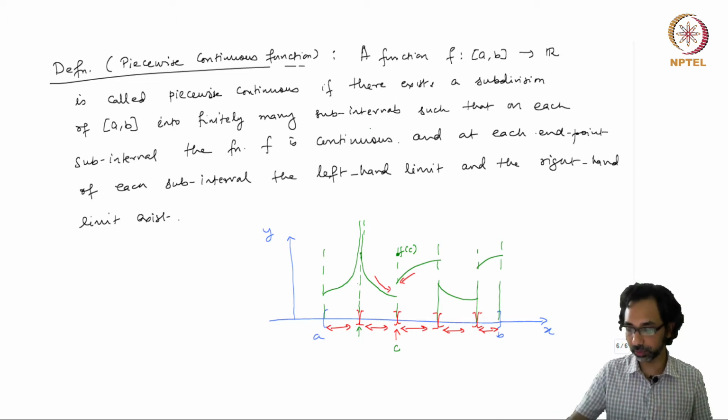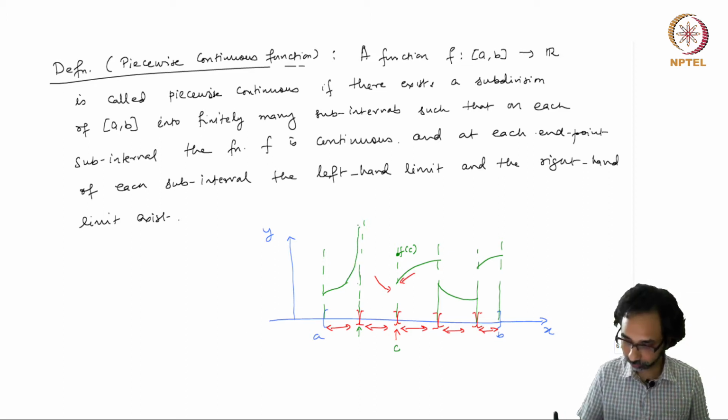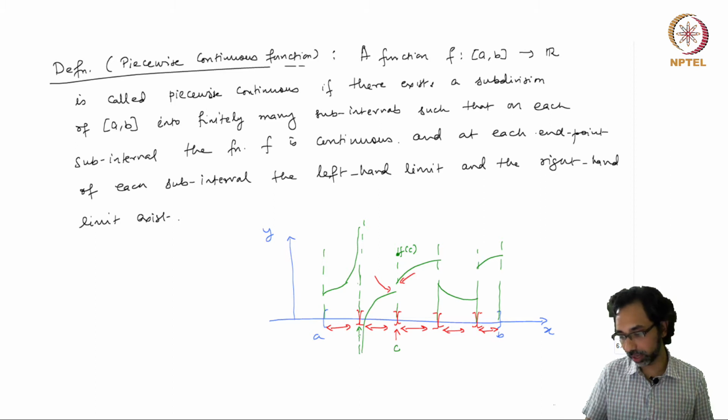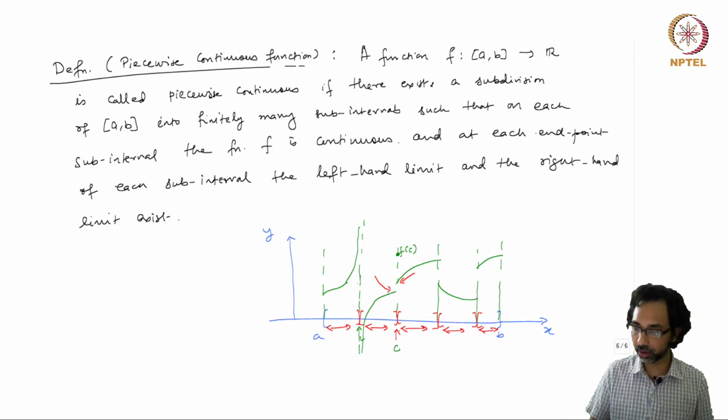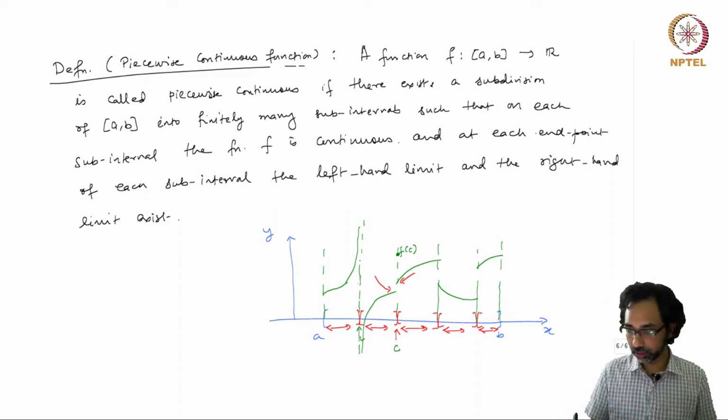Okay, it has an asymptotic value plus infinity at this endpoint. So this kind of behavior is not allowed. Similarly, you cannot have minus infinity as a vertical asymptote, going to minus infinity at this endpoint or at any endpoints like this. So this kind of behavior is not allowed.